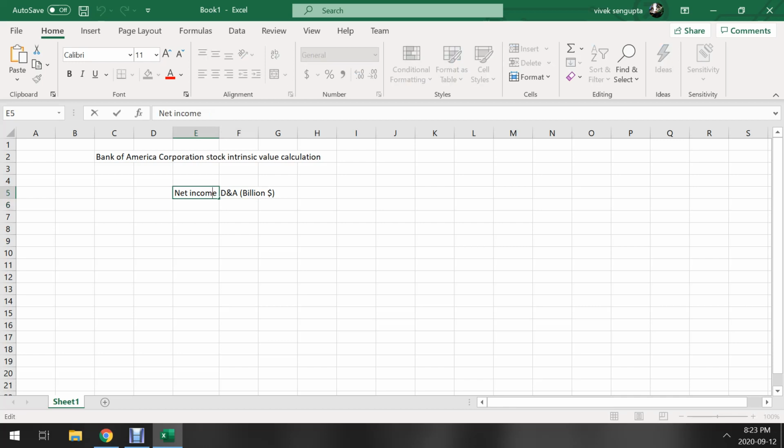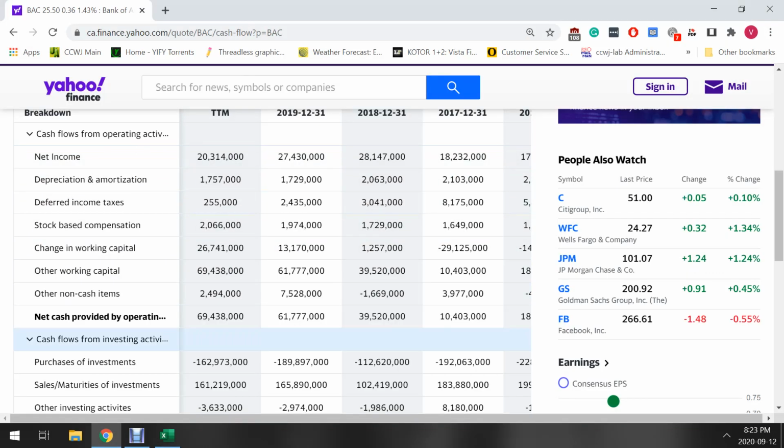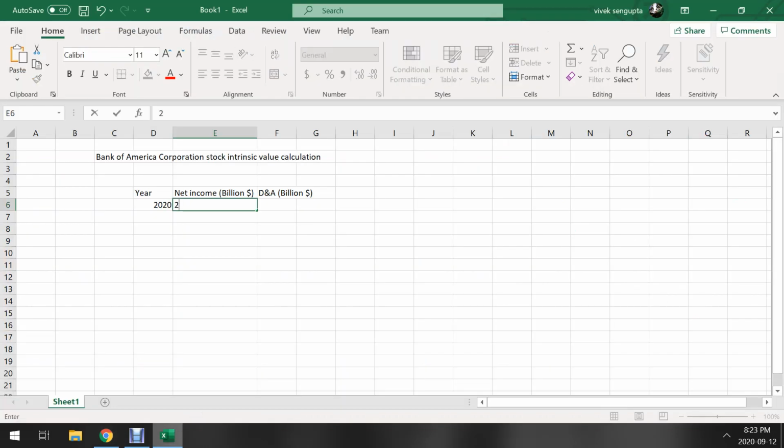This one will be $1 billion too. So for, let's say, 2020, you can write year here, 2020 net income is showing around 20 billion, right? So I'll just put down 20 here.